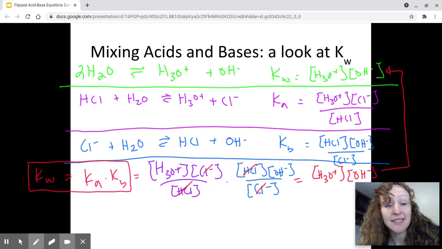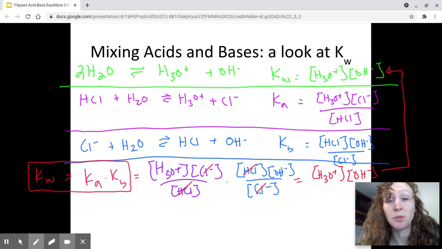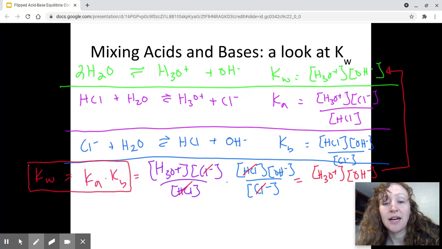If you take an acid and multiply it by its conjugate base, you take your acid's reaction, write out the Ka equation, take your conjugate base, and write out its Kb equation. You multiply Ka times Kb, and they're very close to being inverses of each other, with the exception of H3O+, the hydronium ion, and the hydroxide ion.